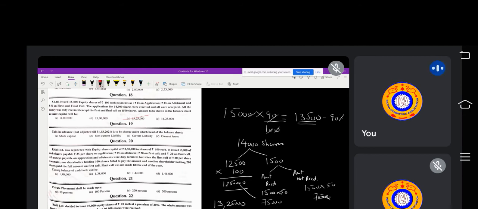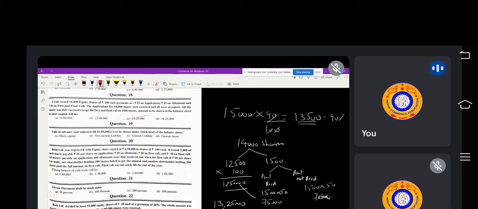In share capital we have the journal entry type of problem, preparation of notes to accounts, preparing cash book, preparing balance sheet and notes to account. So this particular problem is from the concept of notes to account. So it is very simple.